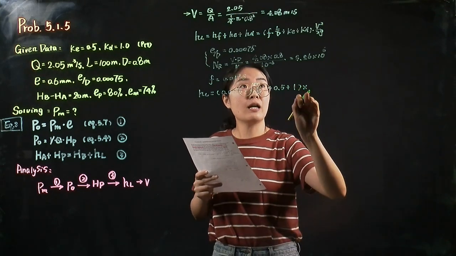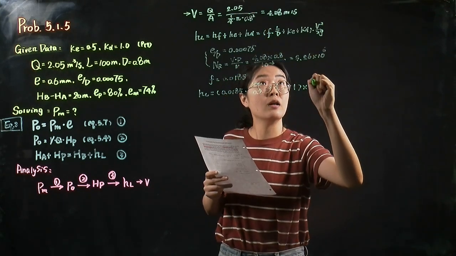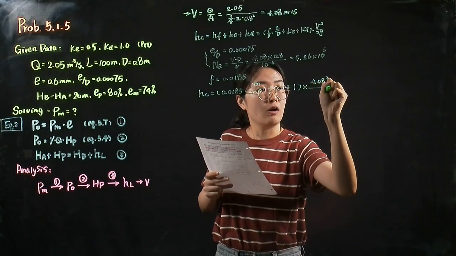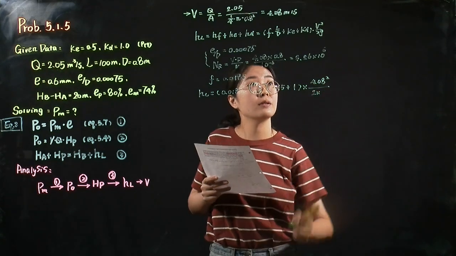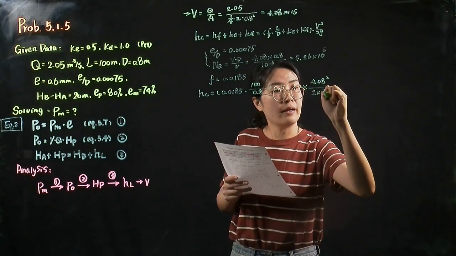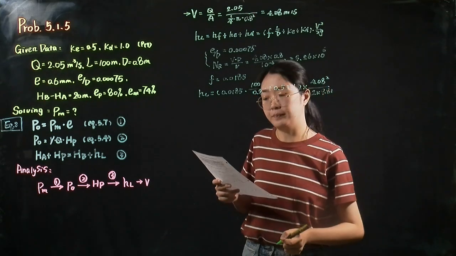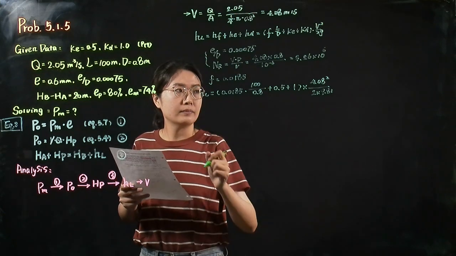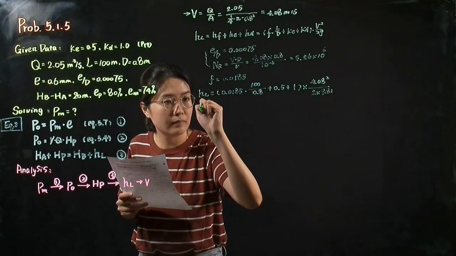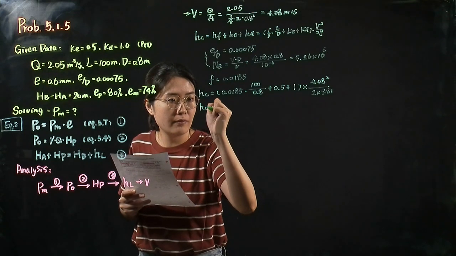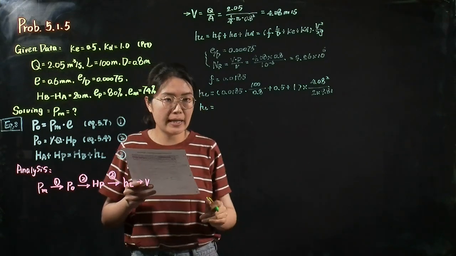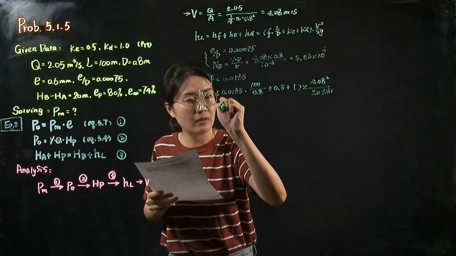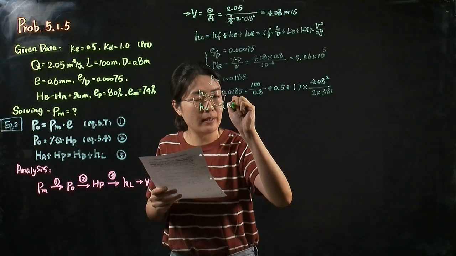And then we need to multiply by the velocity head, which is 4.08 squared over 2 times 9.81. After we calculate this equation, we can get the value of the head loss. It equals 3.23 meters.